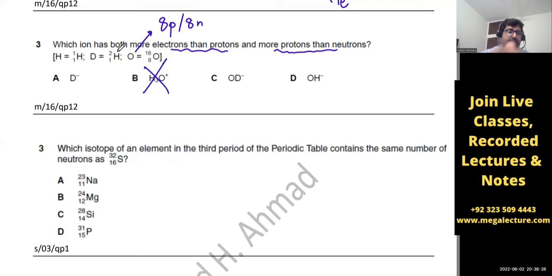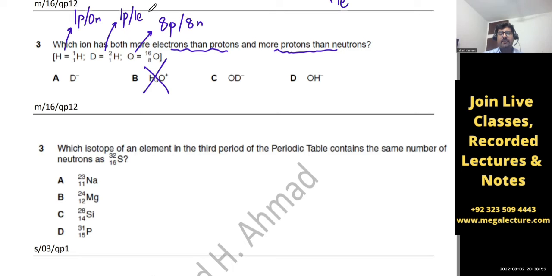Look at hydrogen over here. This D, ये जो deuterium है ना, D, it's got 1 proton and 1 electron. And look at the normal hydrogen. The normal hydrogen has 1 proton and 0 neutrons, right? So if you look at the three atoms that make up all of these ions, the only way you can have more protons than neutrons is कि उसके अंदर कौन सी चीज हो. ये दोनों होने का तो फायदा कोई नहीं है.